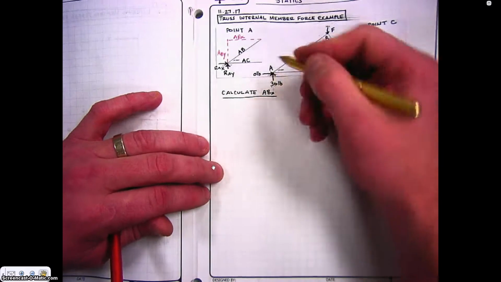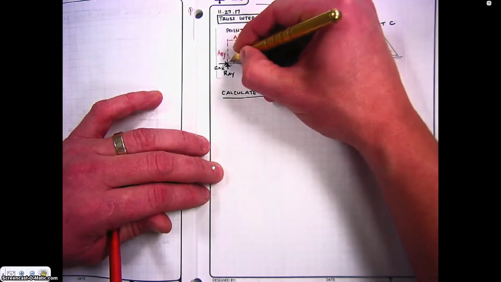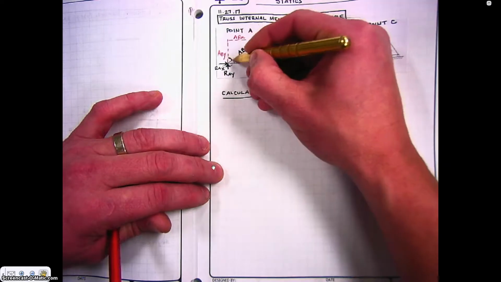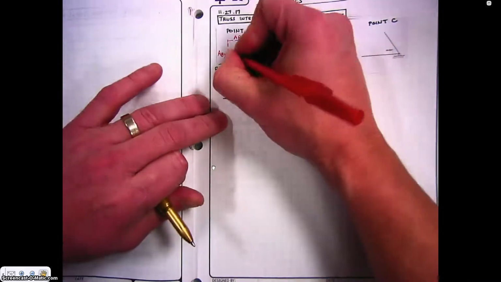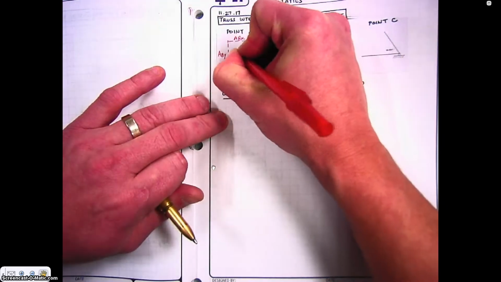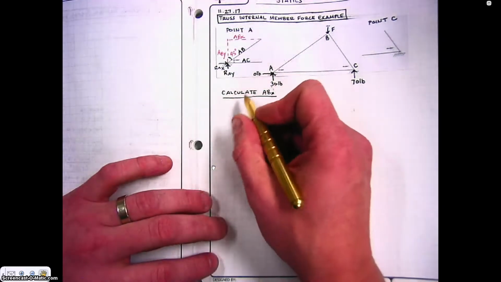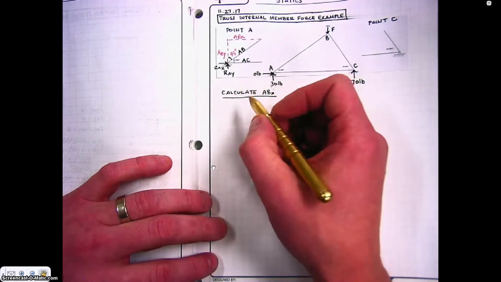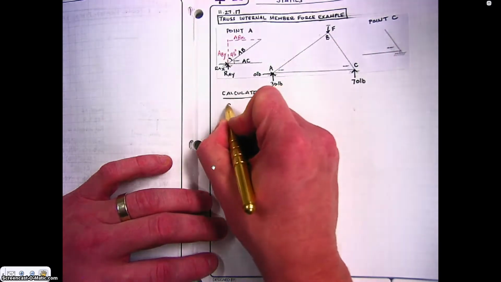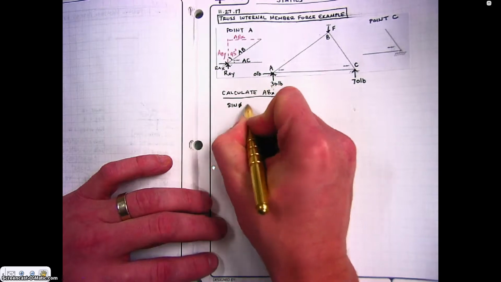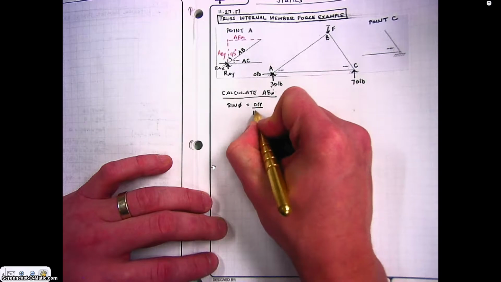Alright, if we look at this triangle right here, we have 45 degrees here, but we're calculating this one. We know that this is a 90-degree angle, and so this angle right here is also 45 degrees. I'll go ahead and write that in. The first thing we're going to do is figure out which function to use. In this case, we are going to use the sine function. The sine of theta is equal to the opposite over the hypotenuse.